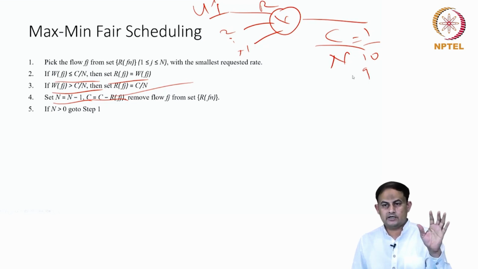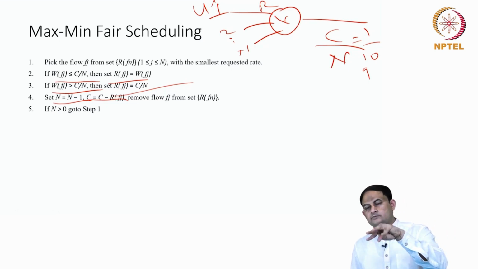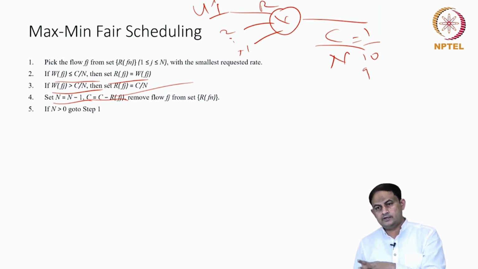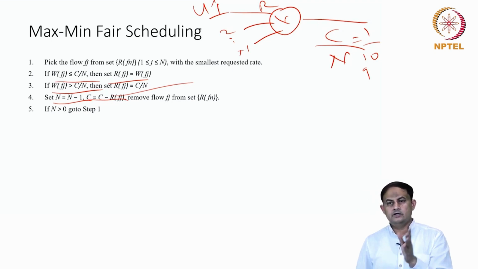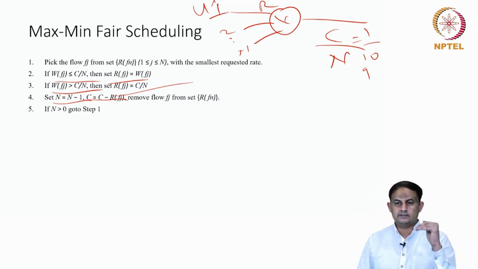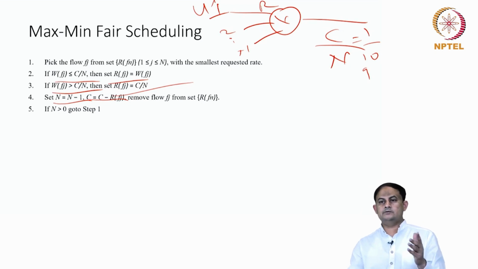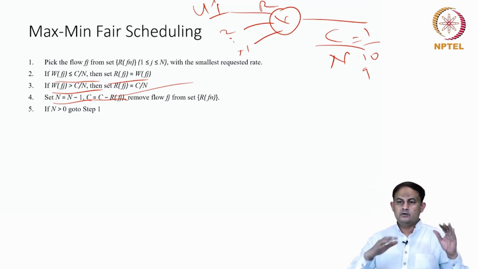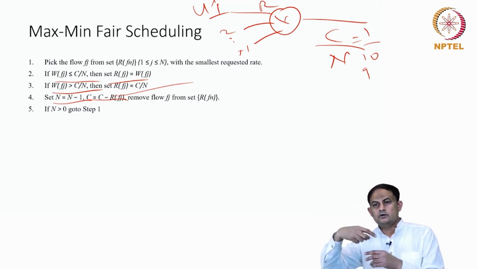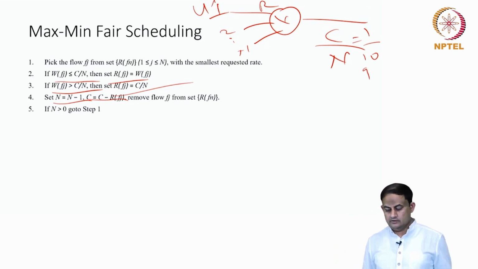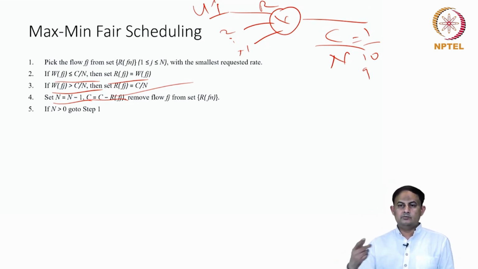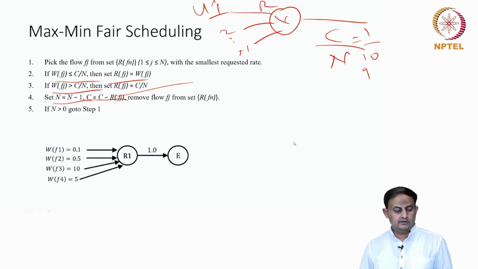Is he asking for more than the fair share? If so, restrict him to the fair share. If his transmission rate is less than or equal to his fair share, then you give him whatever he is asking for. That maximizes the transmission by serving the people who are asking for the minimum share. That is what max-min fair scheduling is.